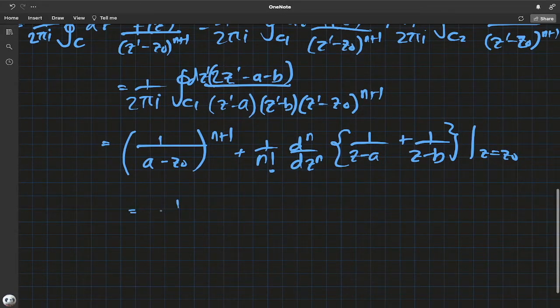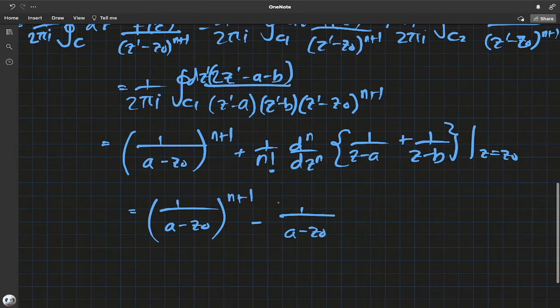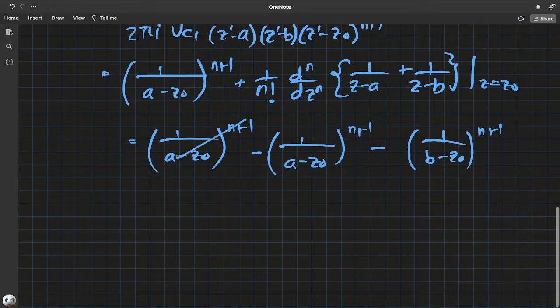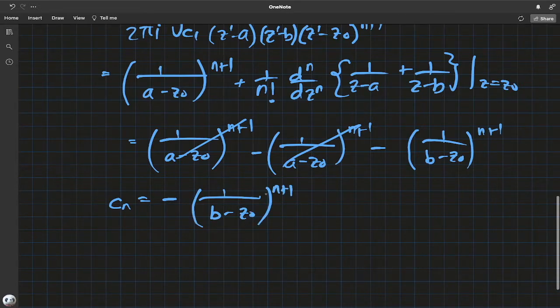So we have 1 over a minus z naught to the n plus first power, minus 1 over a minus z naught, using the result from case 1, minus 1 over b minus z naught to the n plus 1, and see how wonderfully this cancels out. So Cn is just negative 1 over b minus z naught to the n plus first.